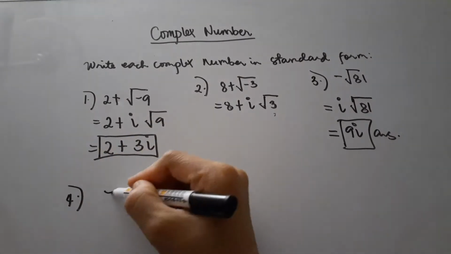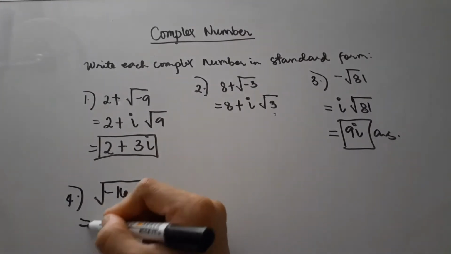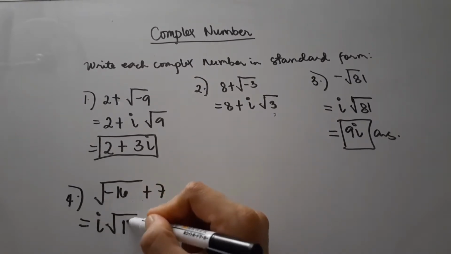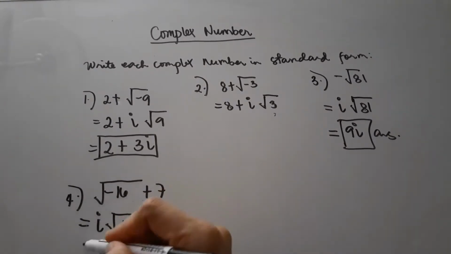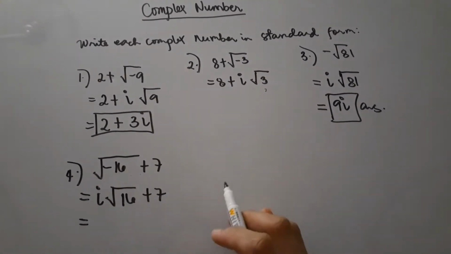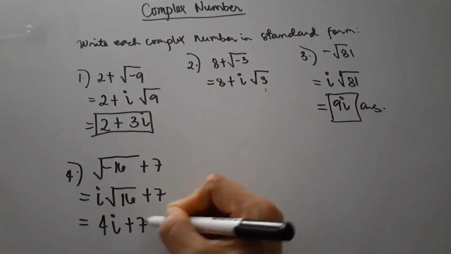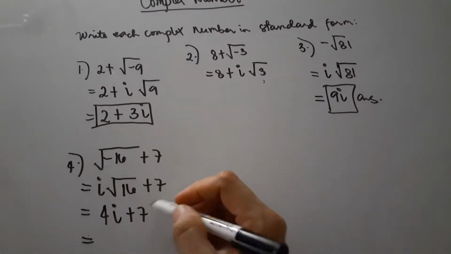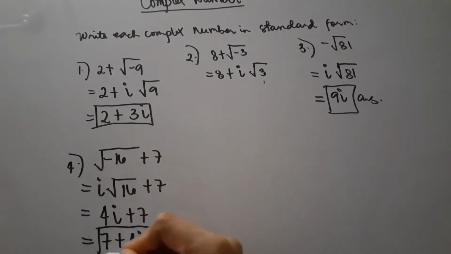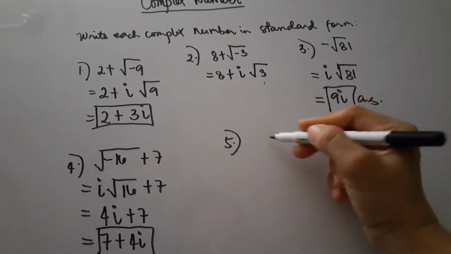And then let's have another example, number 4. We have the square root of negative 16 plus 7, where i represents the negative, and then the square root of 16. We can write the number first: the square root of 16 is equal to 4, and then the imaginary unit, plus 7. So the answer is 7 plus 4i. It is in standard form.